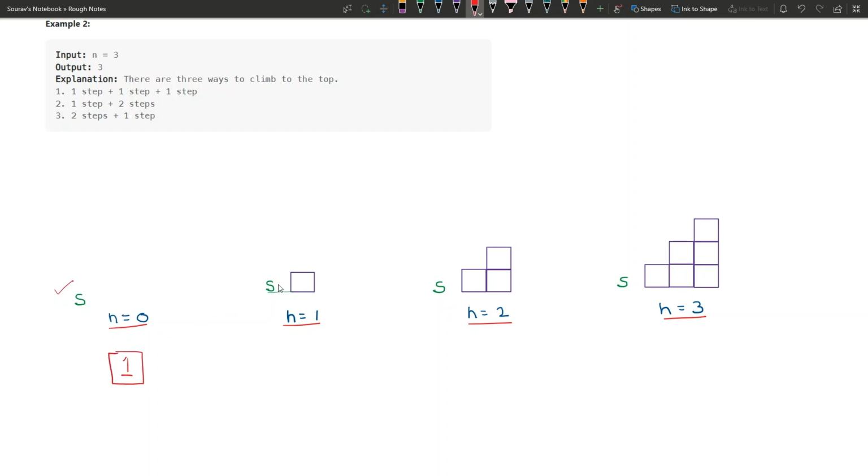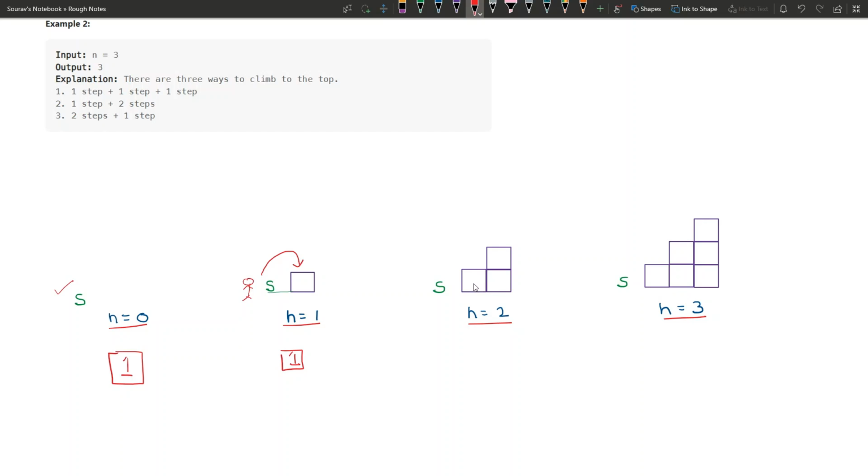Okay, so if there are no steps, it is 1. Now let's see the total number of ways to reach the top if there is one step. Let's say this is Ram and he wants to reach the top. He could have taken step number 1. So there is just one way to reach the top, that is, directly go to step 1.